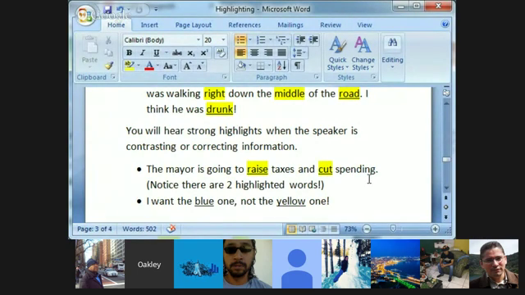The mayor is going to raise taxes and cut spending. A noticeable sharp rise in pitch. That rise in pitch is the key component of highlighting. Can I repeat it again? Yes. The mayor is going to raise taxes and cut spending.